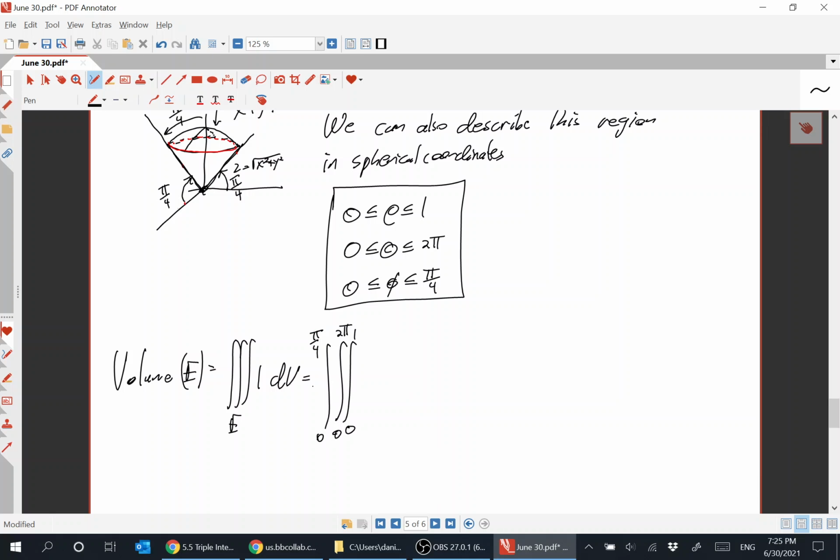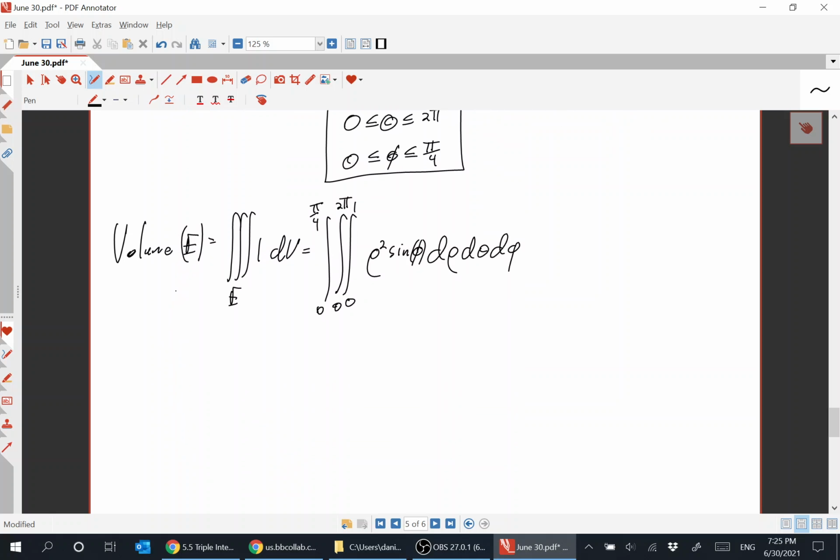And then there's the conversion factor, which is more intricate than the one for polar coordinates. It's rho squared sine phi, and that had to do with calculating the volume of that spherical box we talked about in the lecture. So then this is d rho, d theta, d phi.